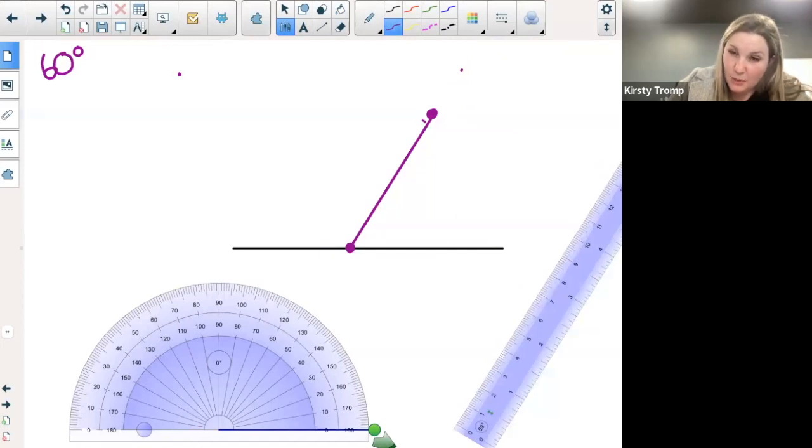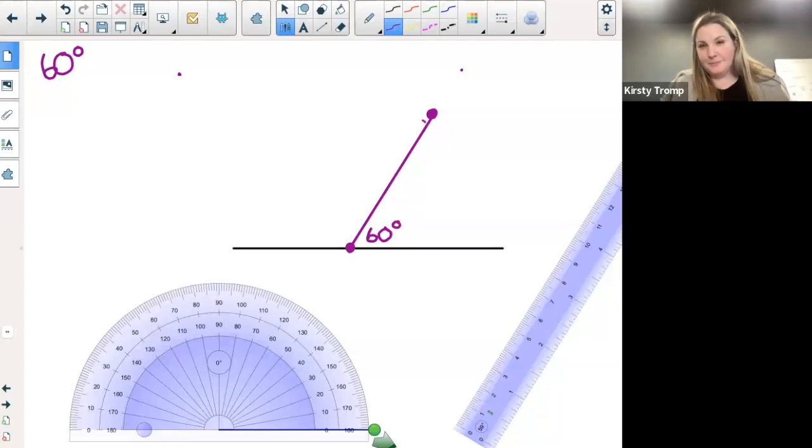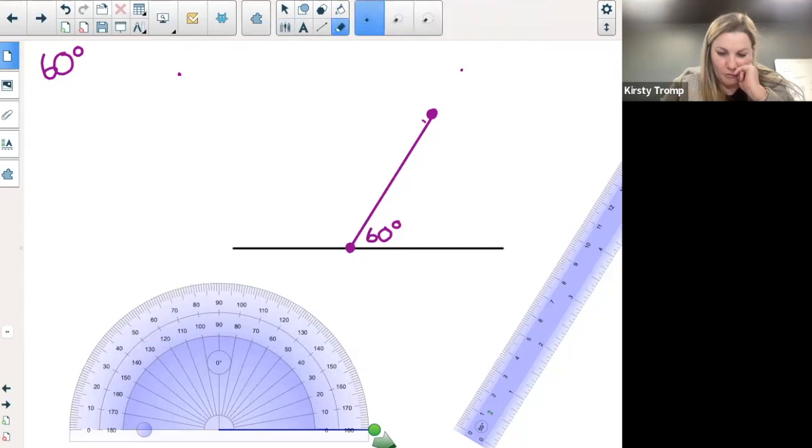And I'm going to tell the person who's marking my paper, this angle is 60 degrees. All right, I'm just going to make mine look a little bit neater. It's a bit messy there.